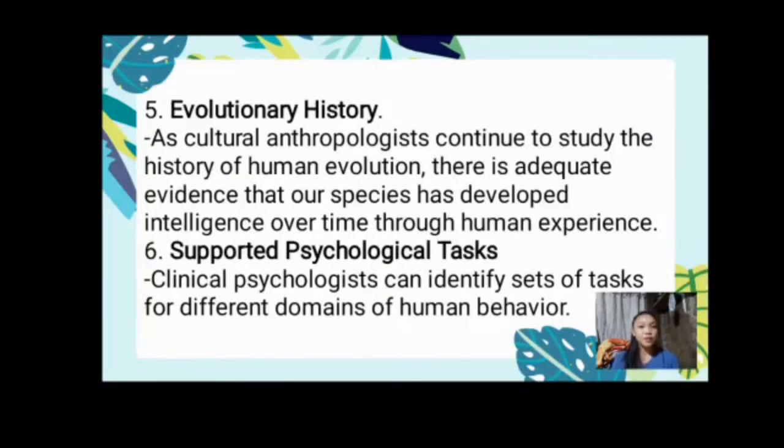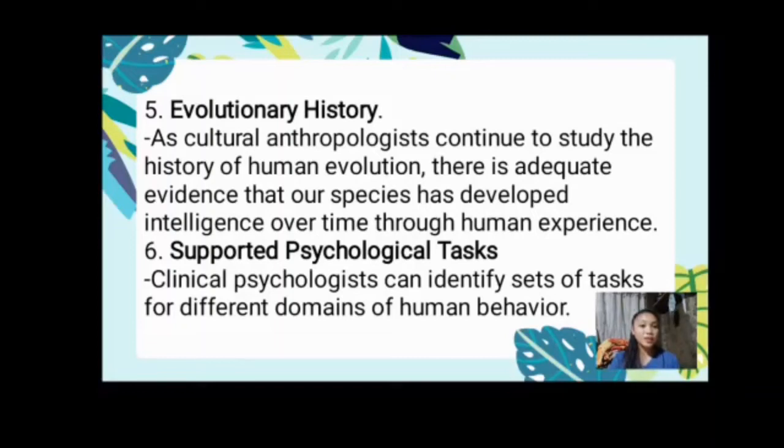Fifth, evolutionary history. As cultural anthropologists continue to study the history of human evolution, there is adequate evidence that our species has developed intelligence over time through human experience. Sixth, supported psychological tasks.